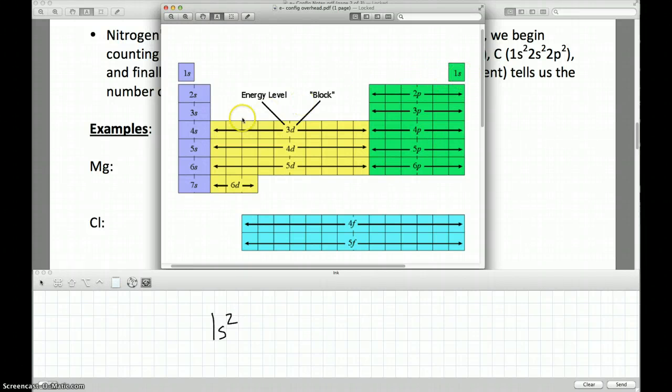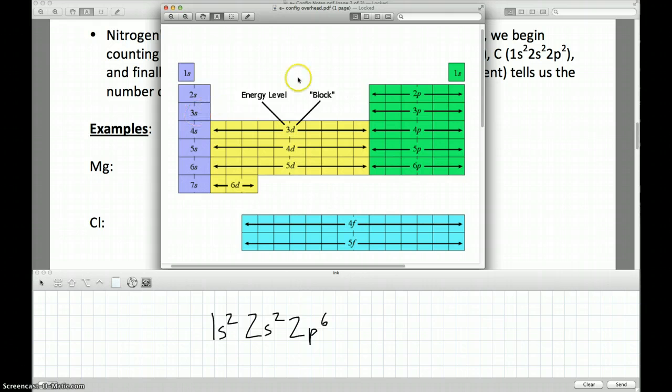Go down to the next row. 2s, and I see 1, 2 boxes. So 2s2. Go straight across, and the next code I hit is 2p, and there's 1, 2, 3, 4, 5, 6 boxes there. So 2p6.